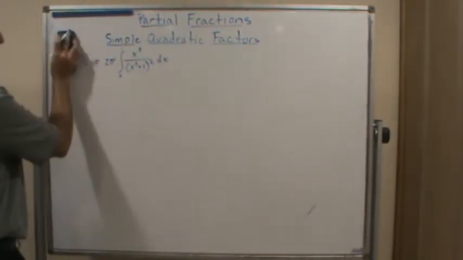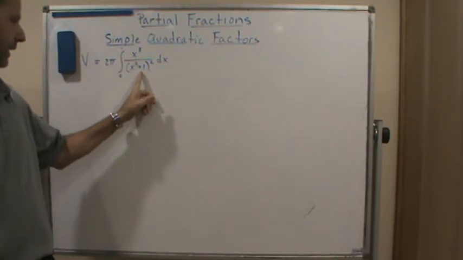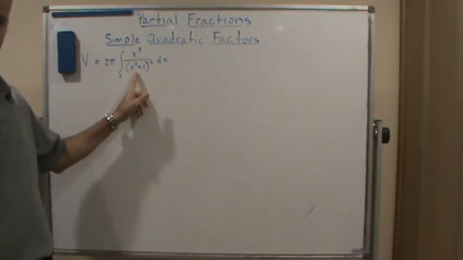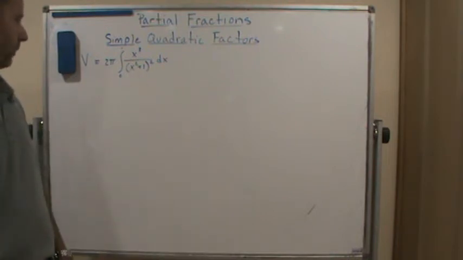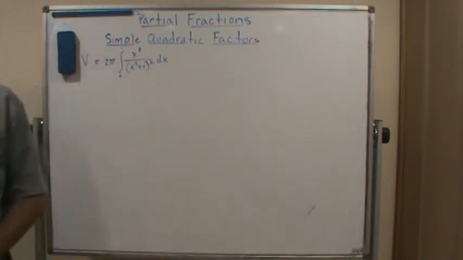Okay, so now the question is how do we decompose this? Now the middle here is an irreducible quadratic expression or polynomial factor. And it's a repeated factor. Okay? And then we've got x cubed in the top.